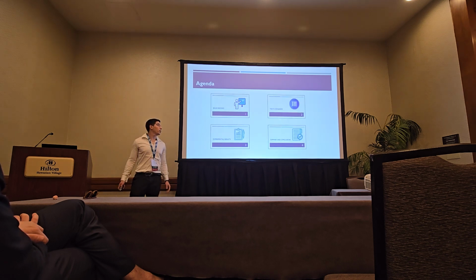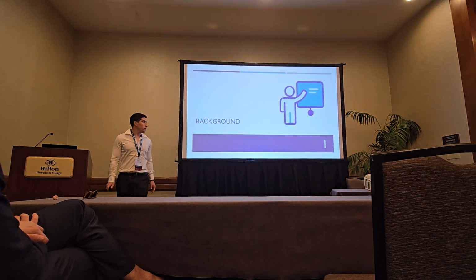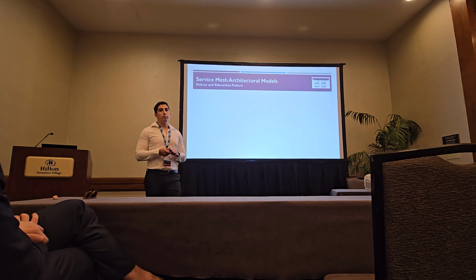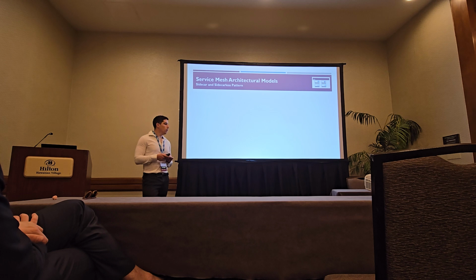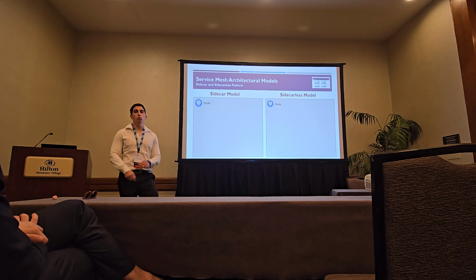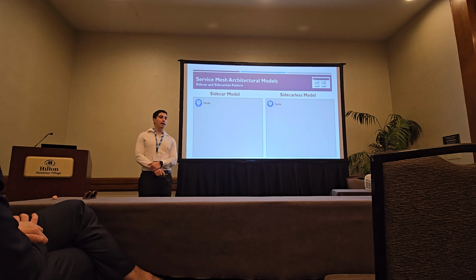So let's make one. We'll start with some background. Before we can try to compare different service meshes, we need to understand what the different models are and how they differ from each other. There are 2 main models of service mesh, the sidecar and the sidecarless model.